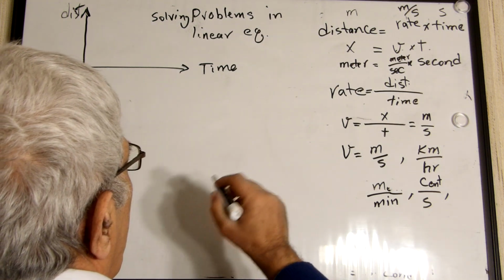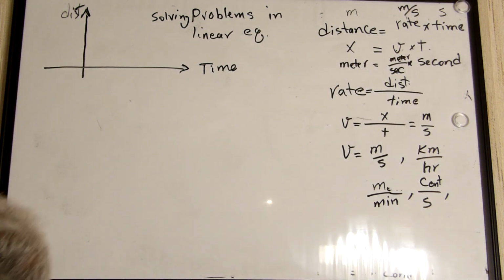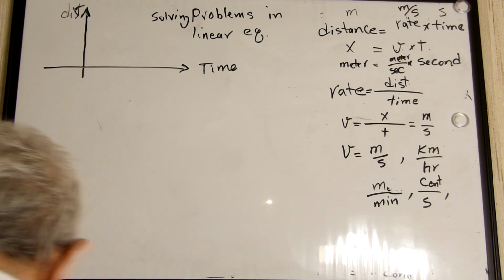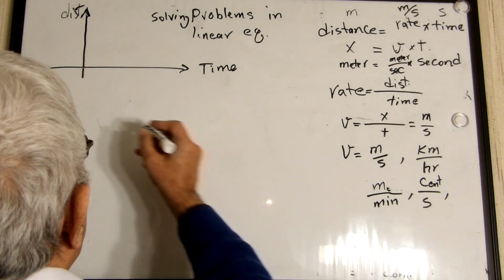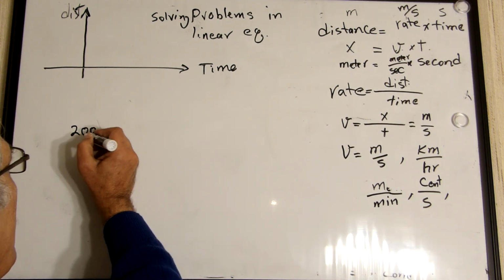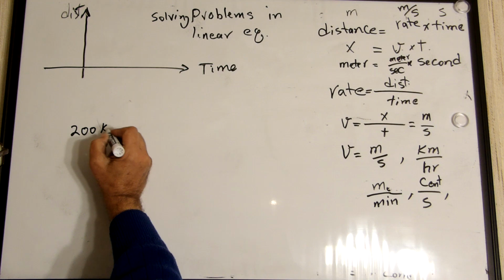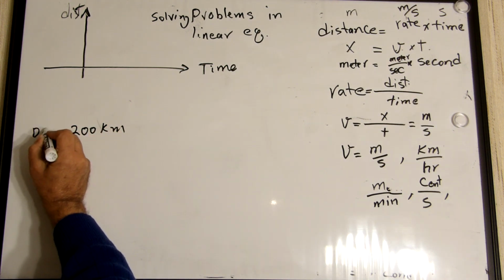Means that if, for example, 200 kilometers is the distance.